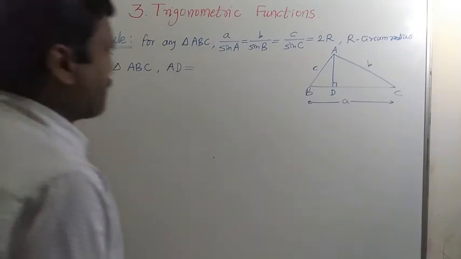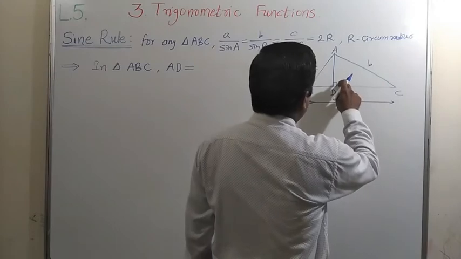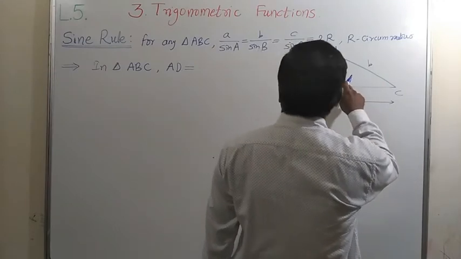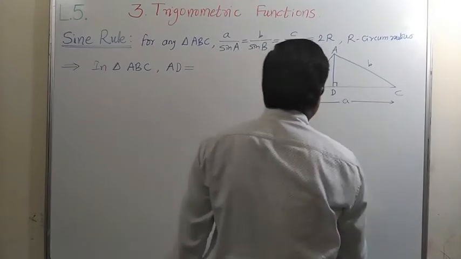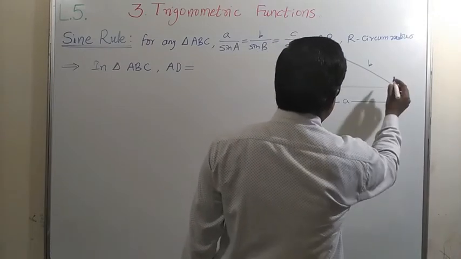AD is equal to, this AD can be written as, or the area of triangle ABC. For this is angle C.